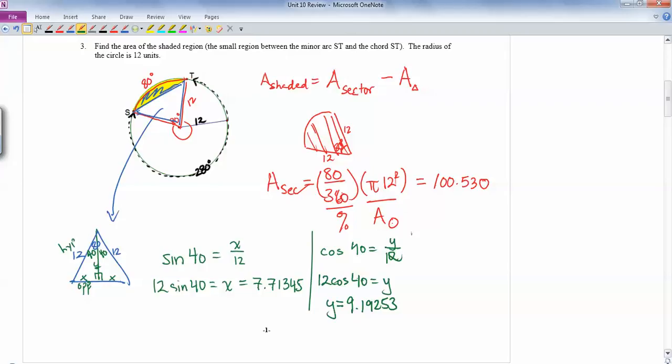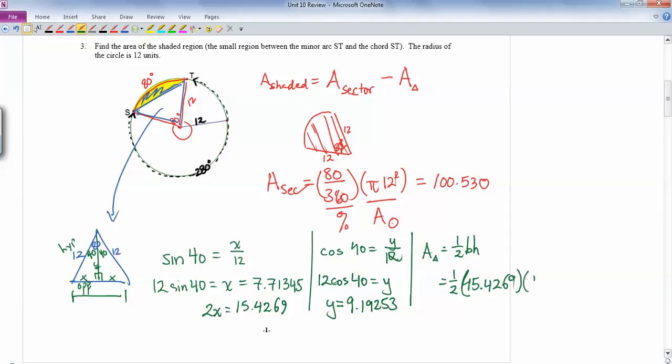And then the area of the triangle is 1/2 base height. So that's going to be 1/2. The base is 2x. So I actually need to double my x, which is going to be 15.4269. So 1/2 of 15.4269 times the height, which is the y, 9.19253.